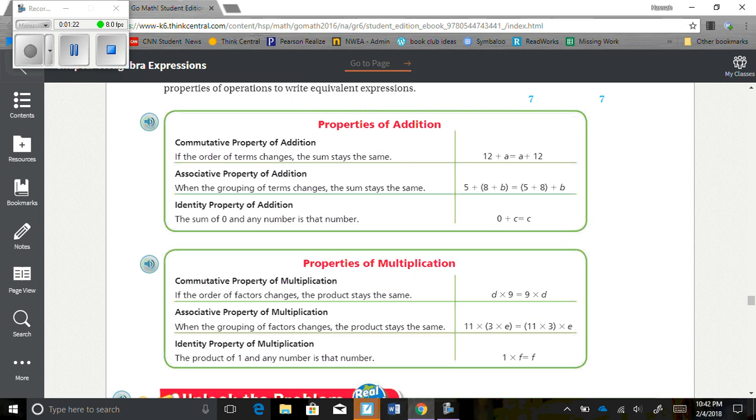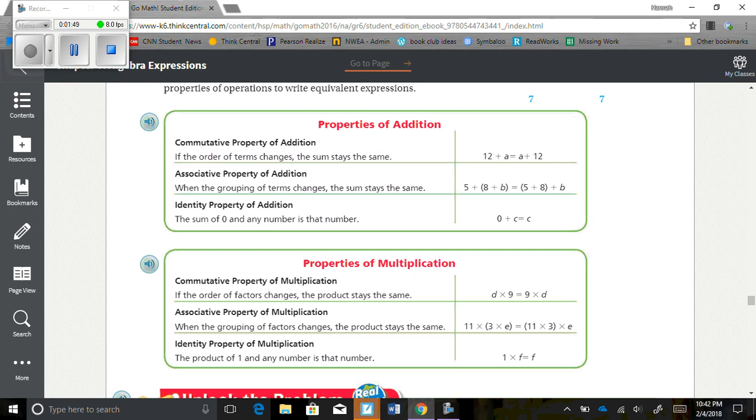Associative property of addition says that when the grouping of terms change, the sum stays the same. So here they show 5 plus 8 plus b is still going to equal the same thing as 5 plus 8 plus b, but they changed the parentheses around there, okay? So if I had 5 plus 8 plus 1, doesn't matter where those parentheses are, it's still going to equal the same thing.